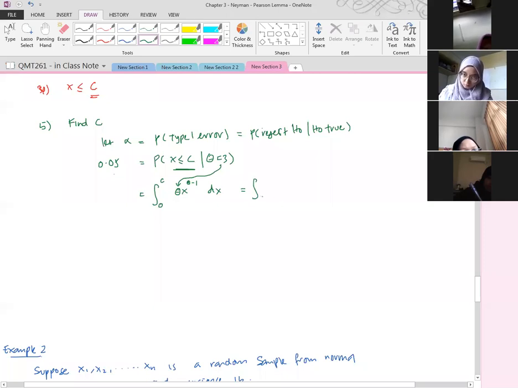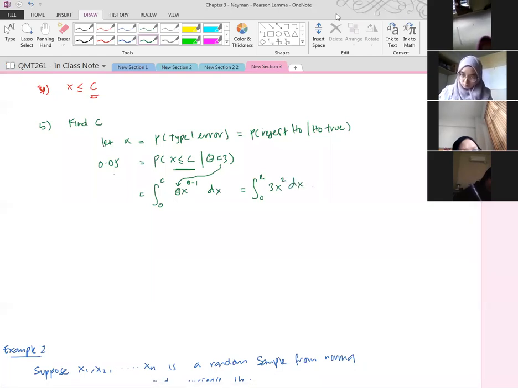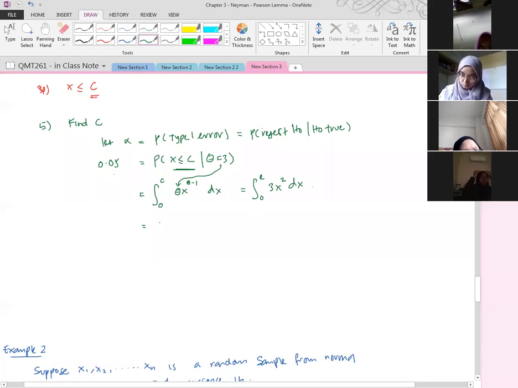So it becomes the integral from 0 to c of 3x power of 2 with respect to x, right? So this should be equal to x power of 3 from 0 to c. So you will get c power of 3, which should be equal to 0.05.